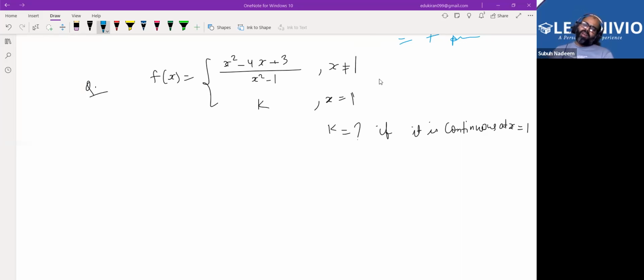Here you can do factorization also, or you can apply LH rule also. Factorization we have discussed in previous class. So you can apply LH rule here and see how it can be applied.